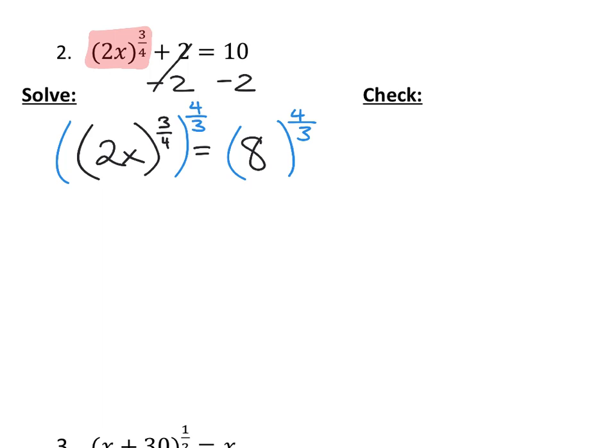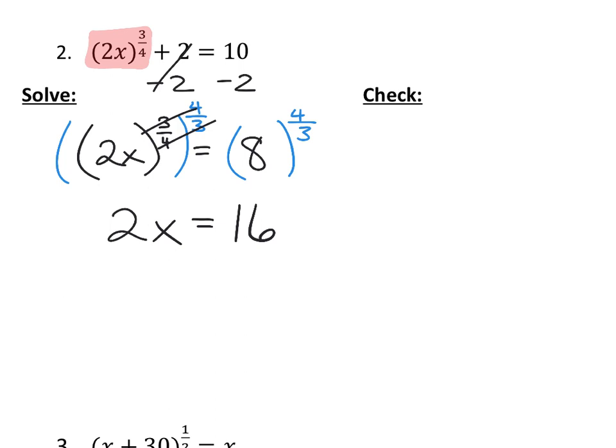Now it looks way complicated on the left side over here. But you do this specifically so that all of this stuff cancels out, and this is just 2x. That's much nicer. Now, 8 to the 4/3 power would be something you definitely do in a calculator. If y'all could please type in 8 to the 4/3 power. It's 16. Oh, that looks nice.